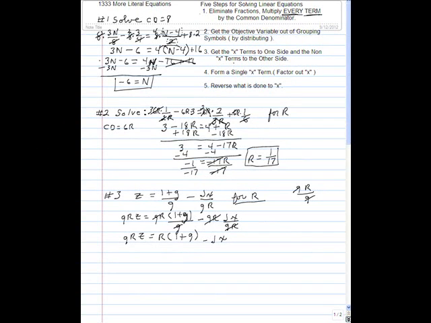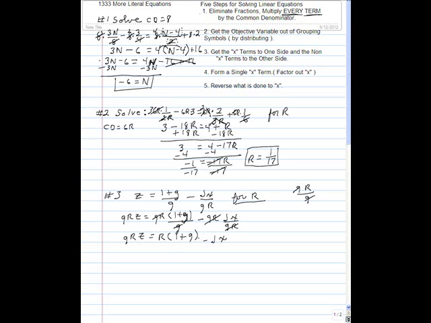Step 3 says get all your R terms on one side and all your non-R terms on the other. Well, let's see here. I've got 2 R terms, and right now they're on different sides. And I'm going to have to make significant moves no matter what. So here's what I'm going to do. I'm going to move the GRZ term to the right.